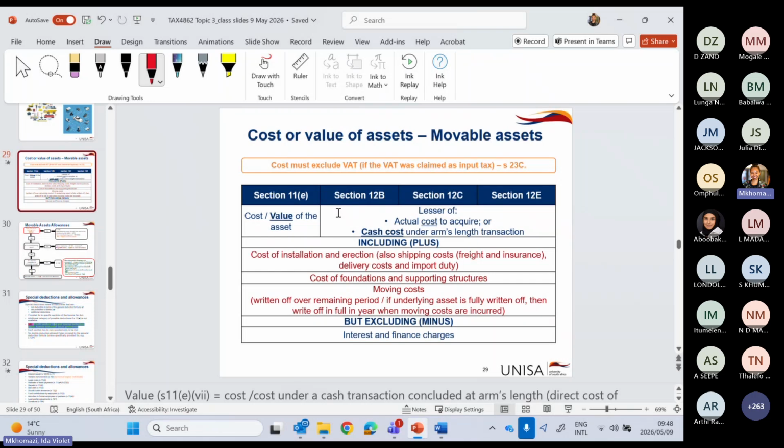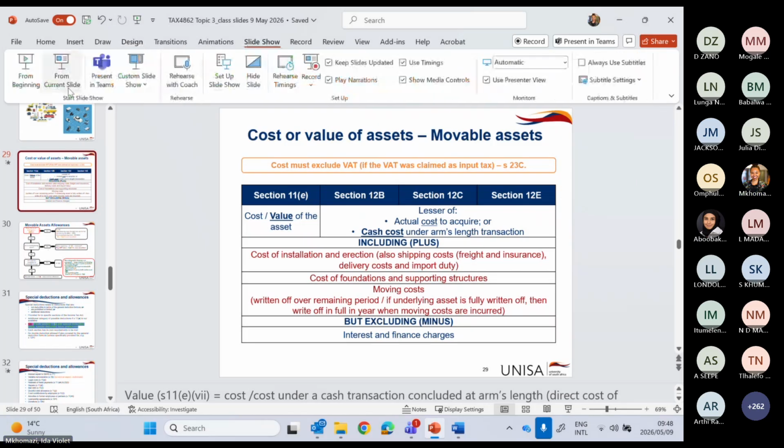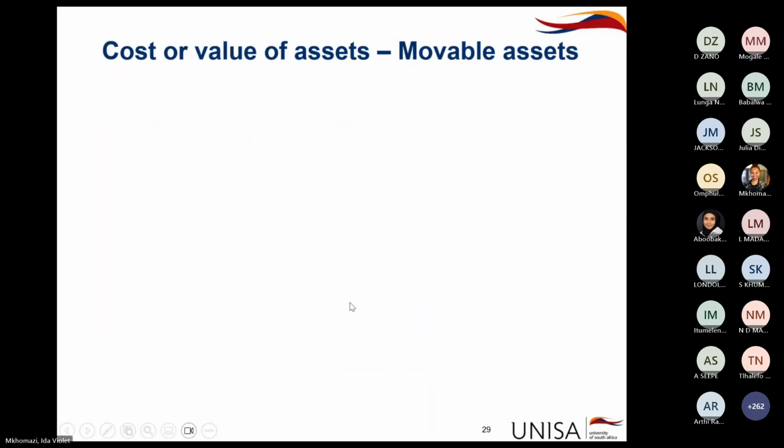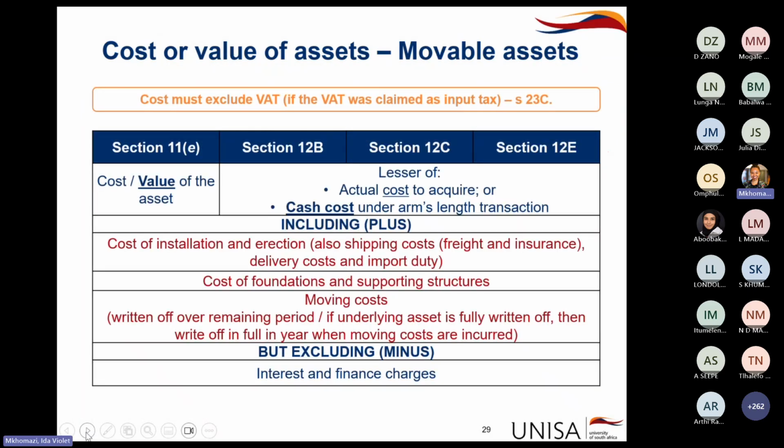So briefly, if we look at the slides on movable assets, and I hope you guys don't kill me because of time, but let me just share. On capital allowances for movable assets, just remember the principles here.